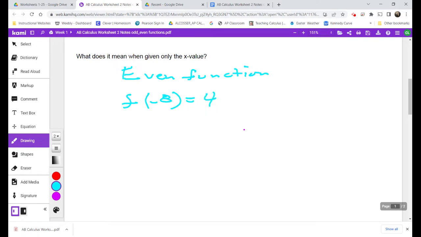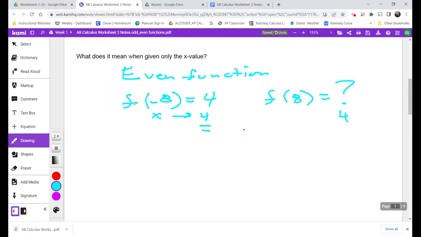So when I put in x, I get 4 out. Well, if it's even, we know it's symmetrical on both sides. That means if I put in 8, what am I going to get out on this side? Well, I should get out the same number, which is 4. Okay. So that's the idea of what if they only give you an x value.